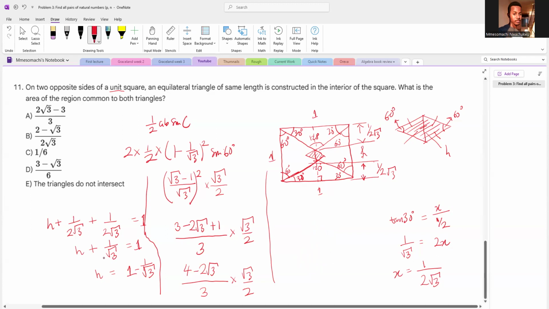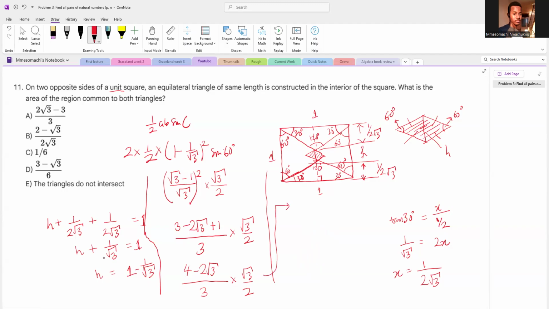This simplifies to 2 minus root 3 all over 3, times root 3. And this simplifies to 2 root 3 minus 3 all over 3. So this is the area of the shaded region. We can check the options, and we can see that it's option A.